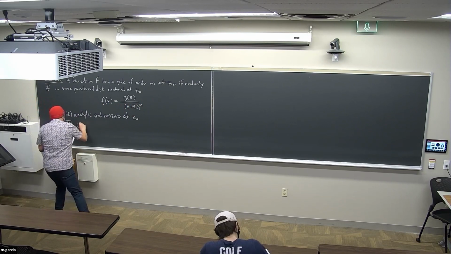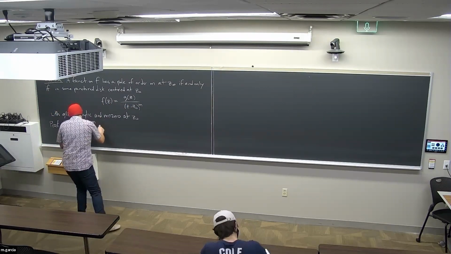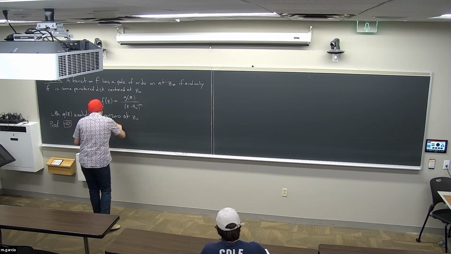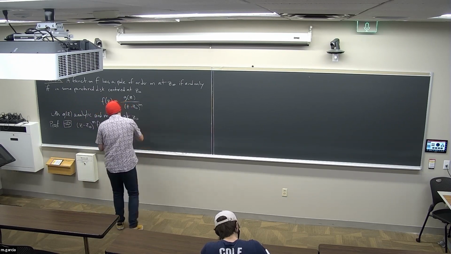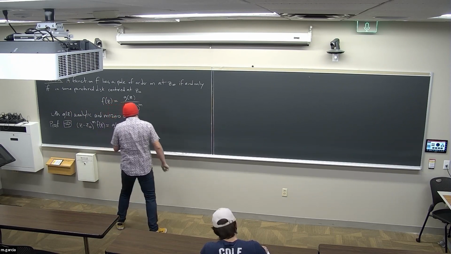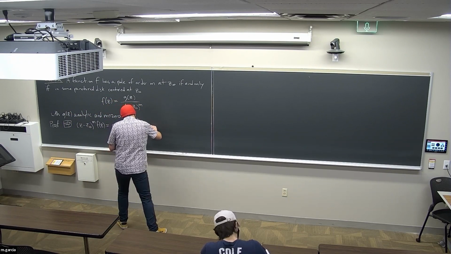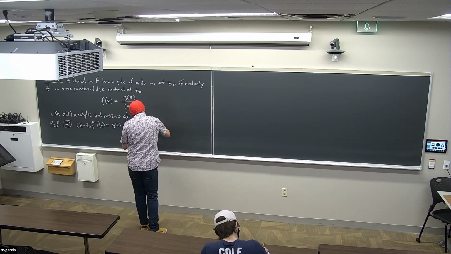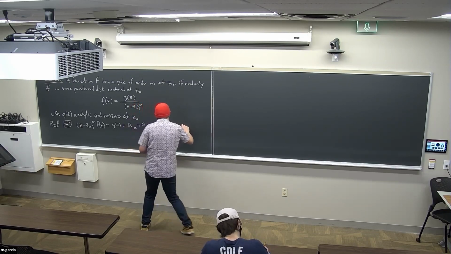Then if we consider the function z minus z naught to the m times f of z, we can write this as some function g of z, which has Laurent expansion a sub negative m plus a sub negative m plus 1 times z minus z naught, and so on and so forth.